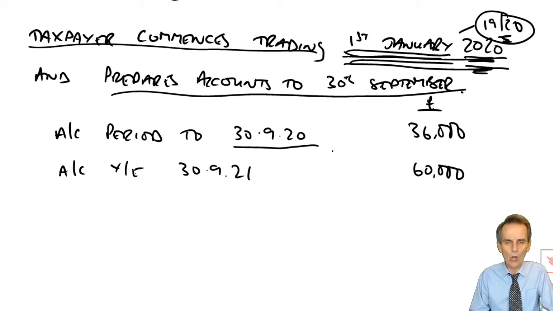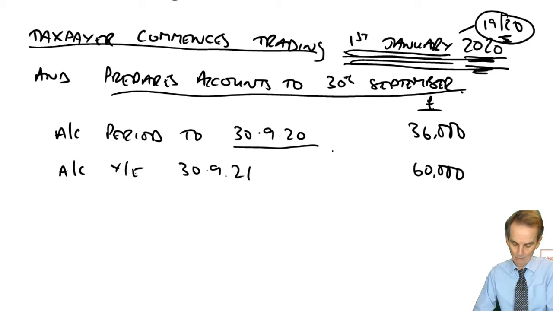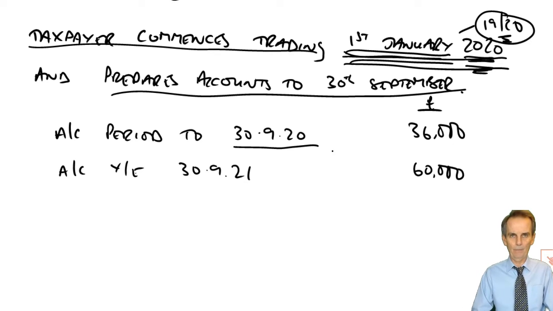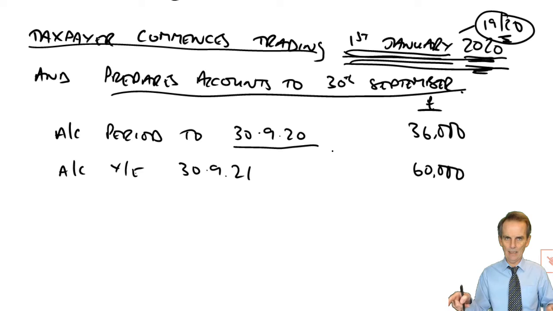And given that we know that apportionments are going to be necessary in dealing with the assessment for the first tax year and then the second tax year for sure, if not indeed also the third tax year, do make sure you correctly determine the number of months. They're not always going to be as straightforward as this, where you start on the 1st of January and you know that September is the 9th month of the year and so it's a 9-month period. It could be any date to any date.